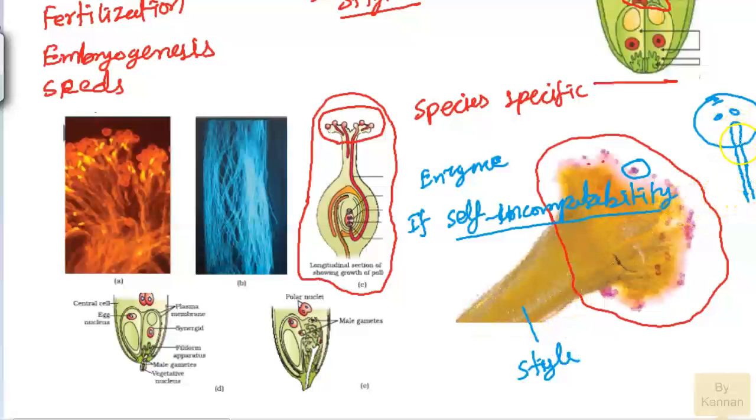So how does it grow? What feeds it to grow? It grows by absorbing the sugar materials present inside the style. These are the chemical elements which guide the tube cell to grow until the embryo sac.